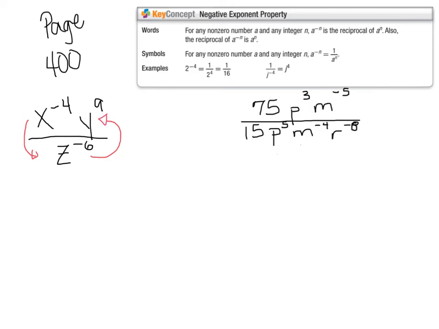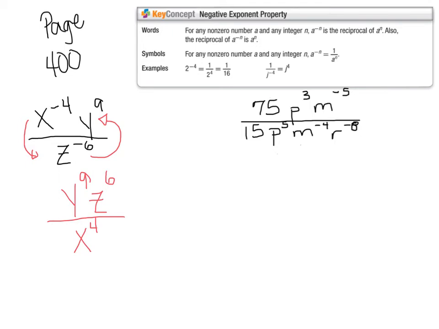So when I do all that crossing, I'm left with y to the 9th. I've crossed my z up, that would be z to the positive 6th. And when I cross the x down, that exponent changes to a positive.